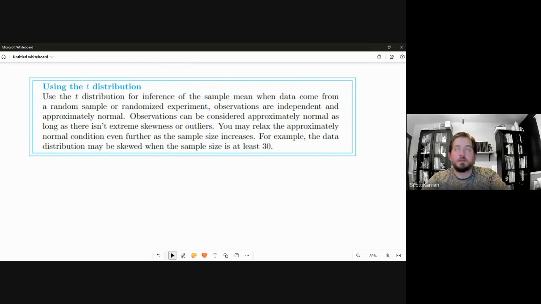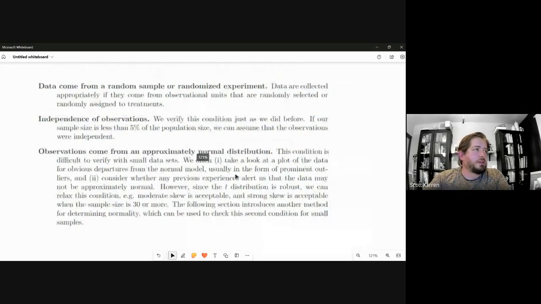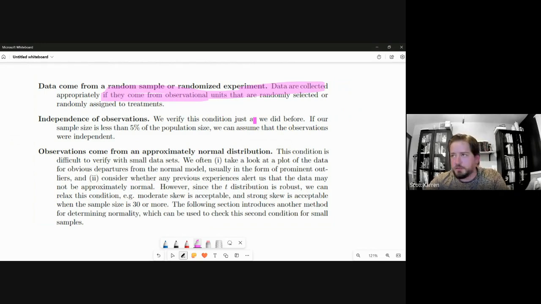And then, I mostly said this stuff already, but those 3 points in detail here: they come from a random sample or randomized experiment, right? We all know what that means. It's collected from observation units that are randomly selected. It's pretty self-explanatory.